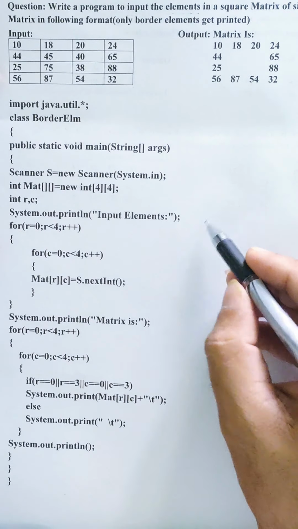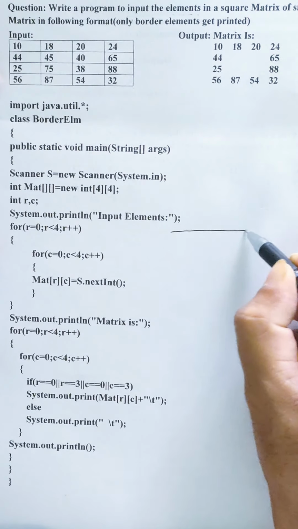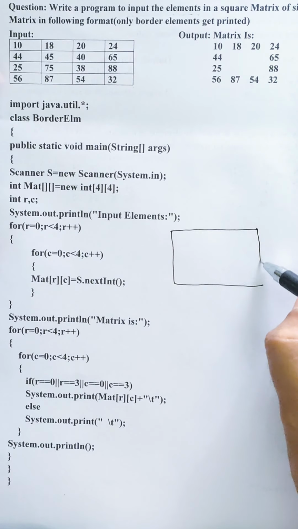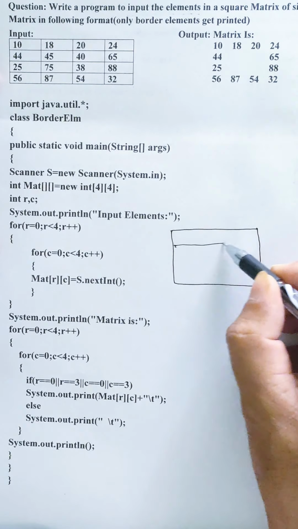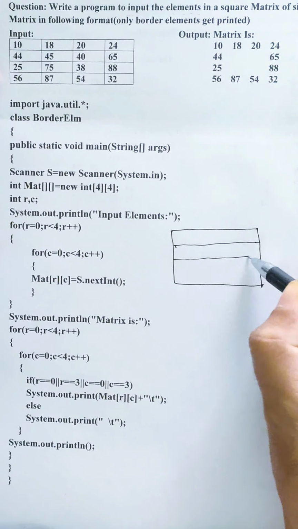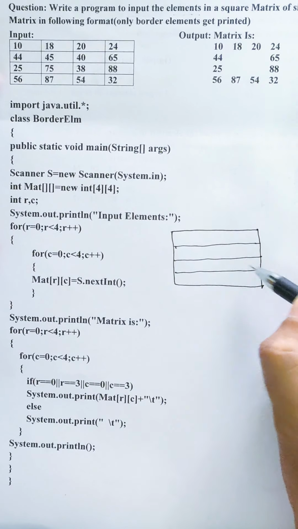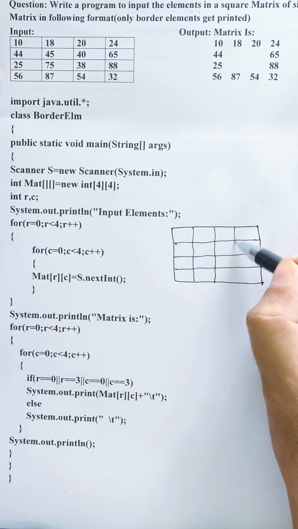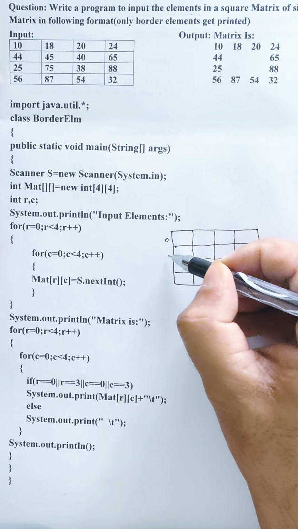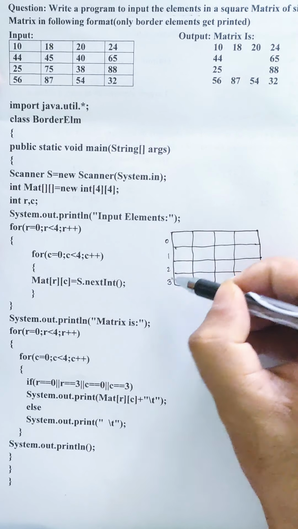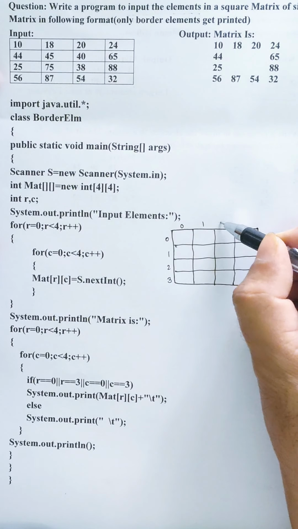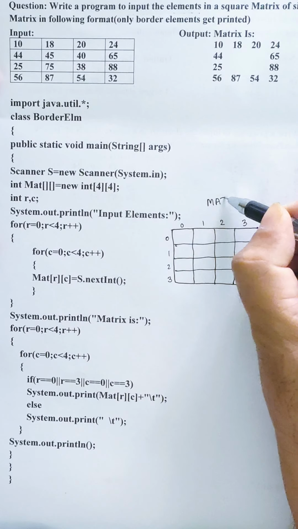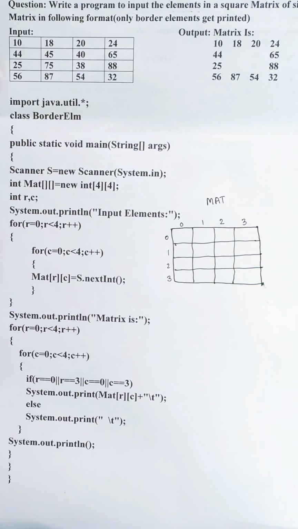So all of you know what will happen: a matrix of size 4 into 4 will be created, and their row index numbers will be from 0 to 3. In the same way columns will also be created, and the name of the matrix will be mat.